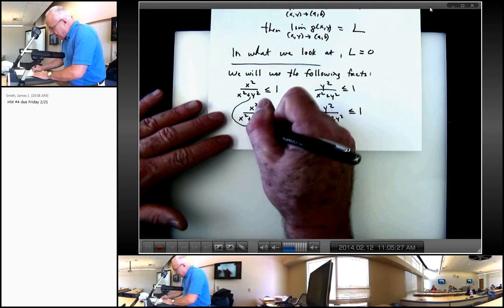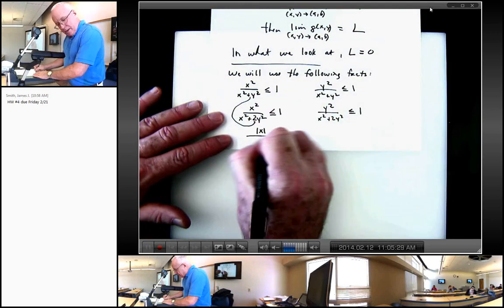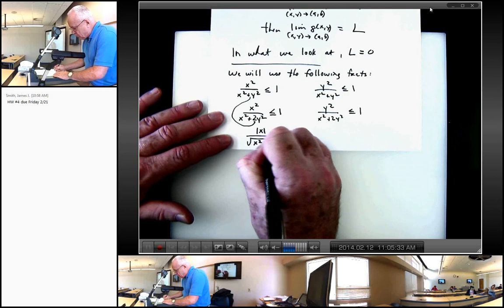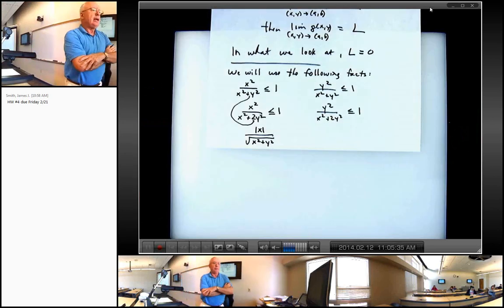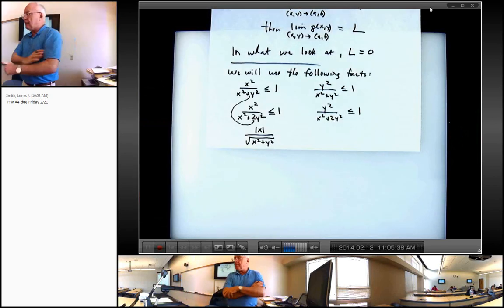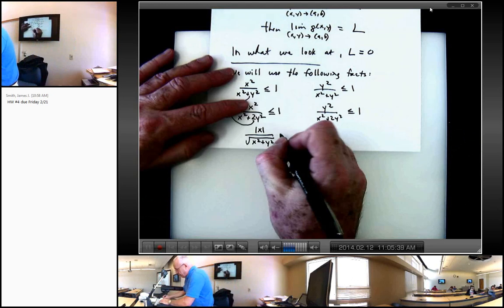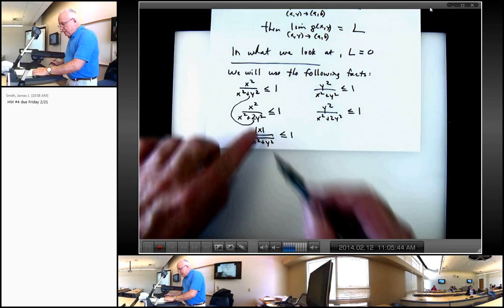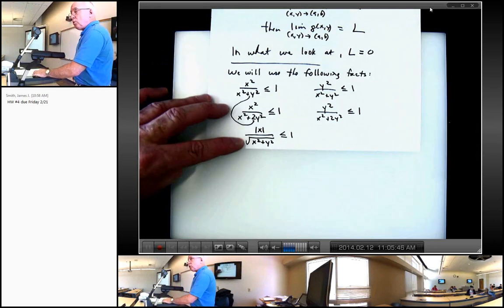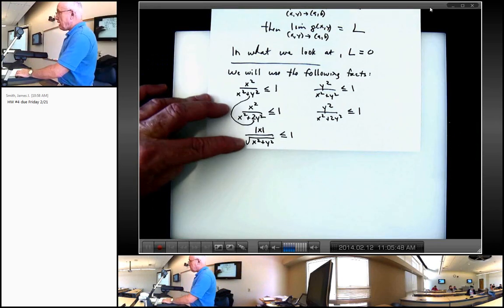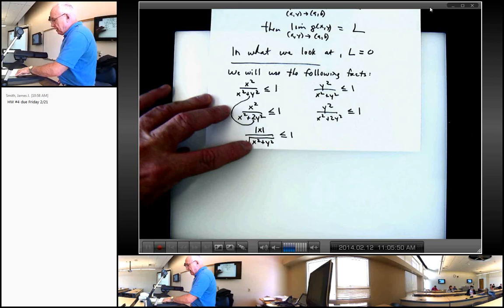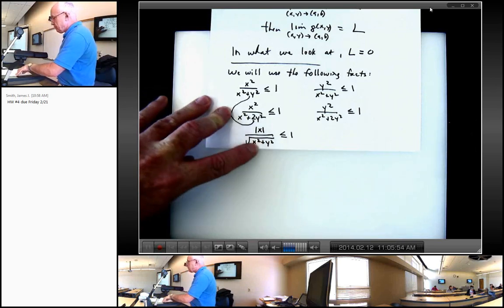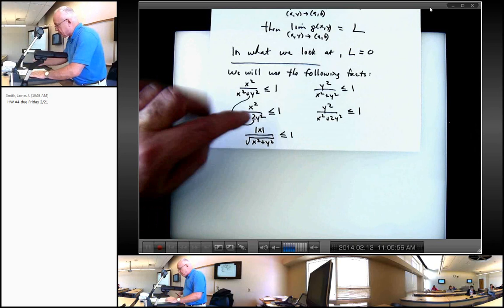The absolute value of x divided by the square root of x squared plus y squared is also going to be less than or equal to 1. The radical is always defined to be positive, and it's always going to be bigger than the absolute value of x.